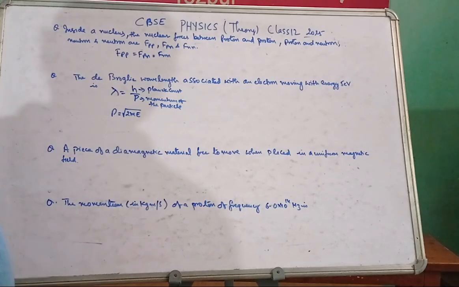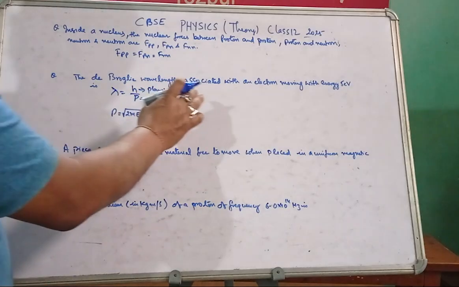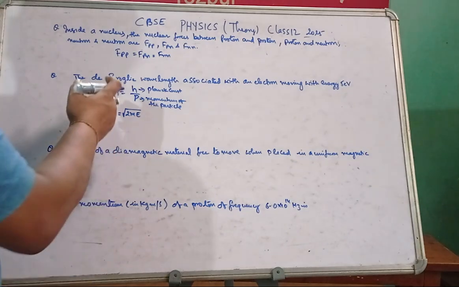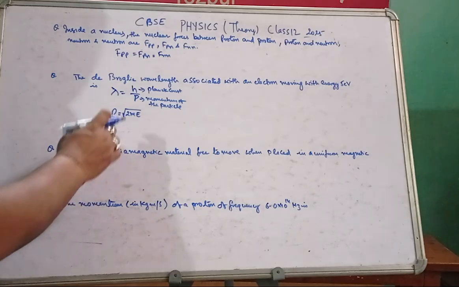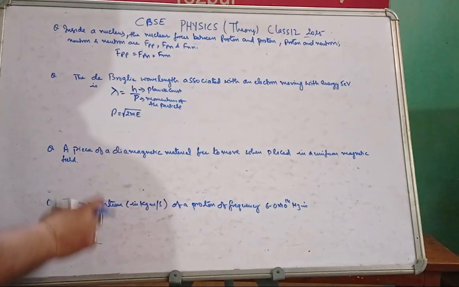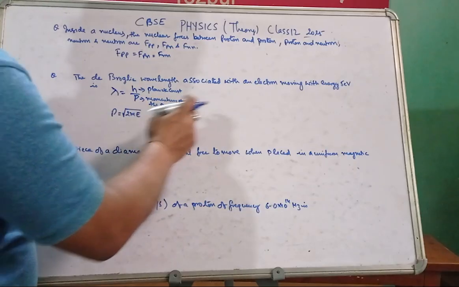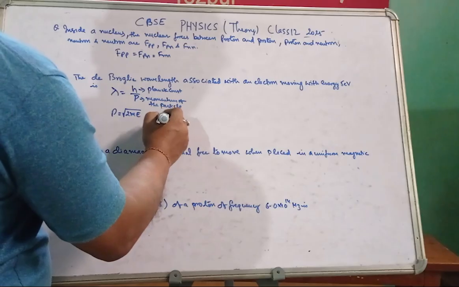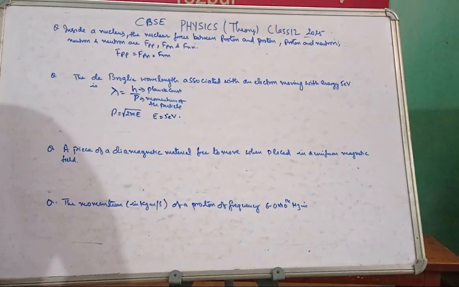I have done the calculation. I am going to just replace the values here, because it is a very lengthy calculation. So this is the formula used, where lambda is equal to h by p, Planck constant by momentum of the particle, and the momentum is root 2mE, where E is the energy given to you, 5 electron volt. I am just going to calculate it for you.